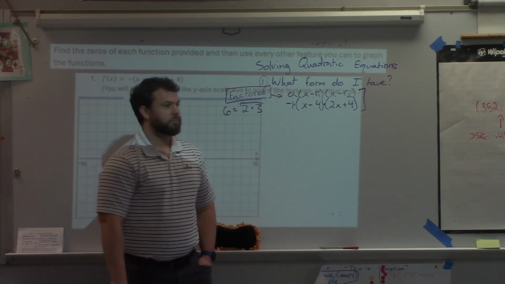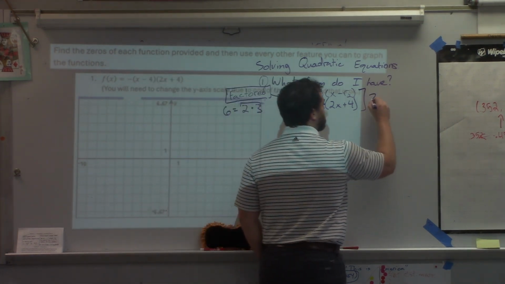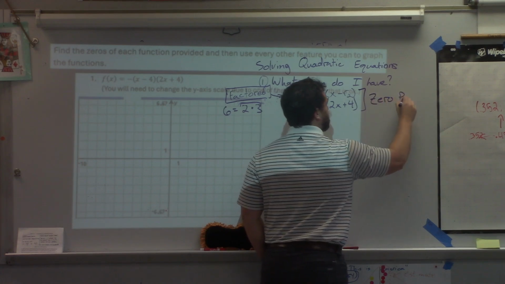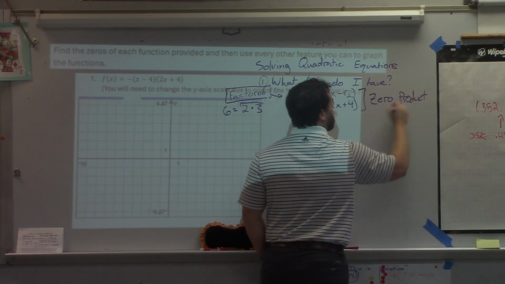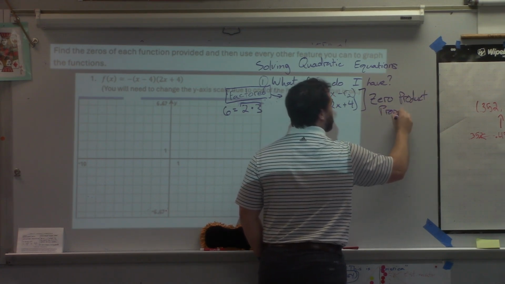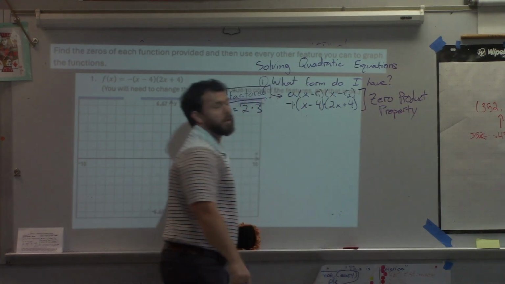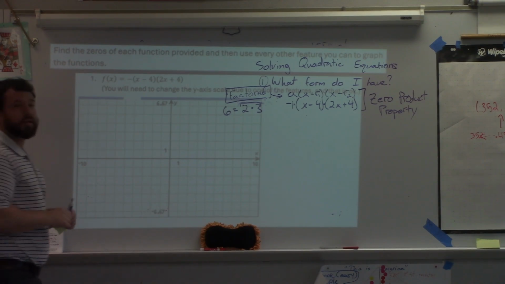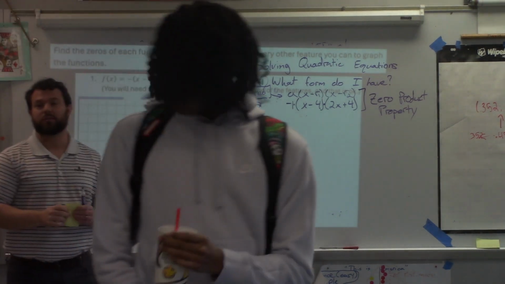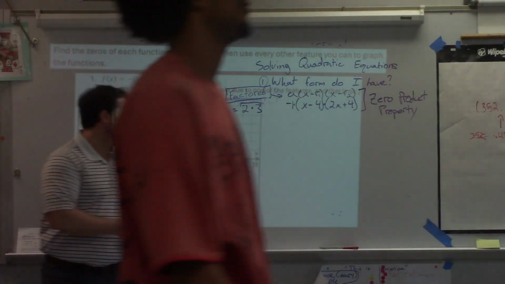Zero product property. Okay? Zero product property. That's what we need to think. As soon as I see a factored form, I need to think and hope.